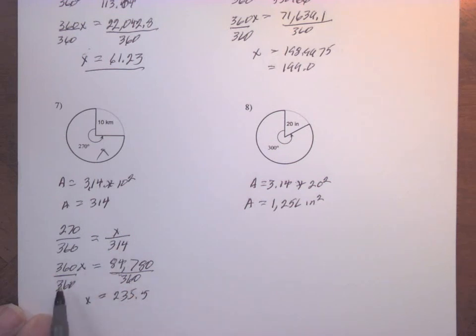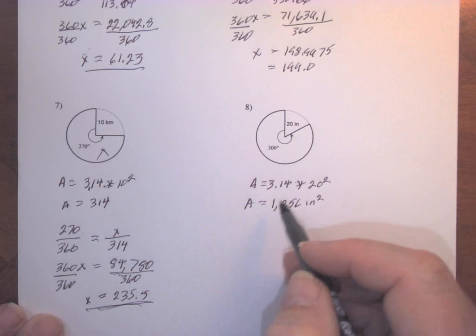When we cross multiply, it's not 360x, it's 270 over 360. Now, we divide by 360, we get x. We divide this number by 360, and we get that answer. It's the same rhythm that we had when we were finding the length of the arc.